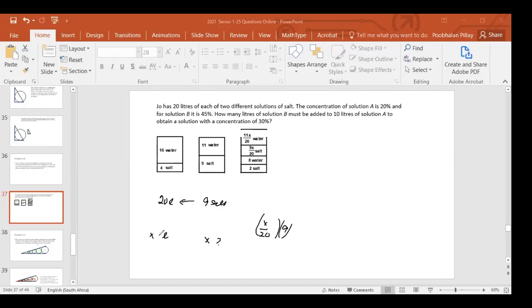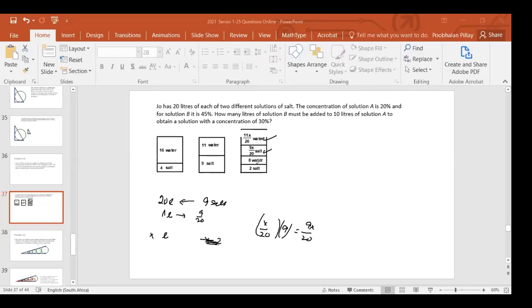The other people will say, well, X liters contain how much salt? We already know 1 liter has got 9/20th salt. So therefore X liters will be 9X over 20. So X liters has got so much salt, and the X liters have got so much water. It will be 11X over 20.